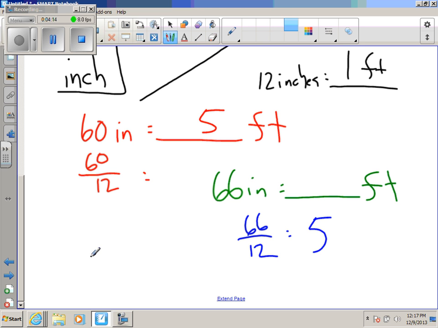Take 60 from 66, I get 5 and 6/12, which is really what, Chris? 5 and a half. Okay? And if you write it as an improper fraction, I think it makes the conversion just a little bit easier.